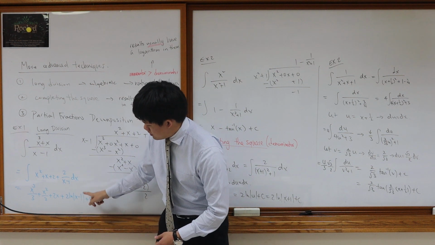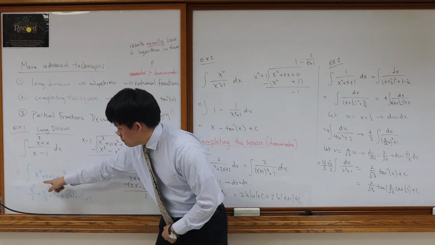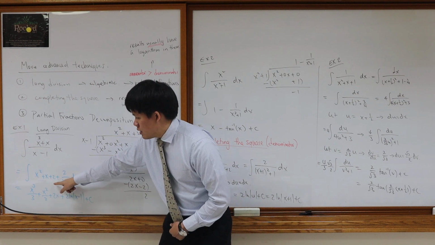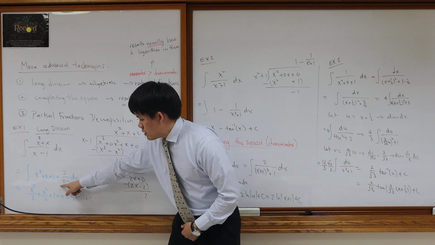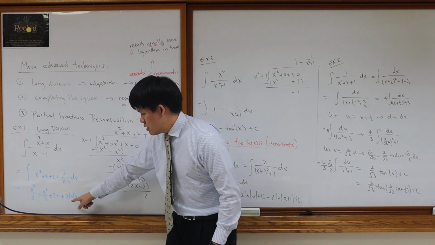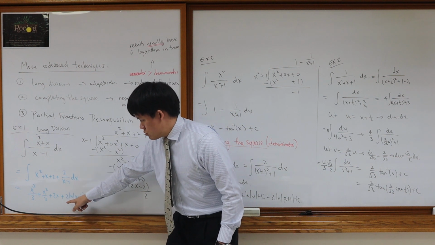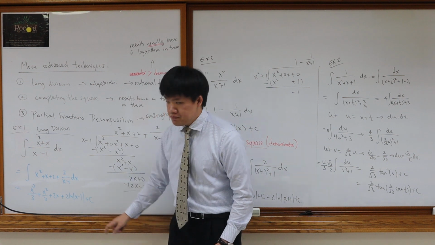In this case, you end up with a logarithm. So x squared becomes x cubed divided by 3, x becomes x squared divided by 2, and 2 integrates to be 2x, and then 2 over x minus 1. x minus 1 is a degree of 1, and that means you can use the log. In that case, the 2 goes out as a constant, and then don't forget your plus c over here.